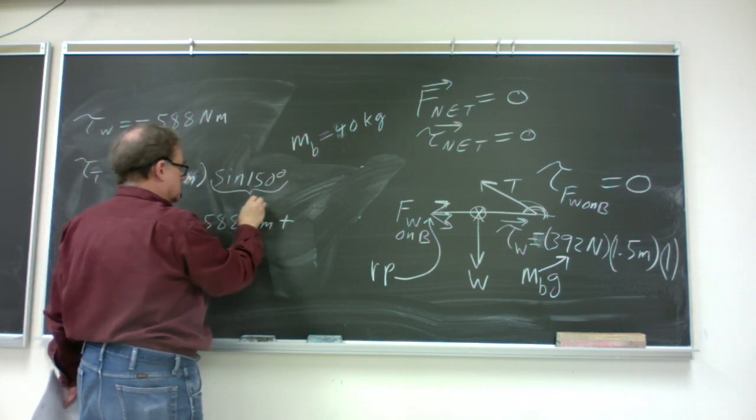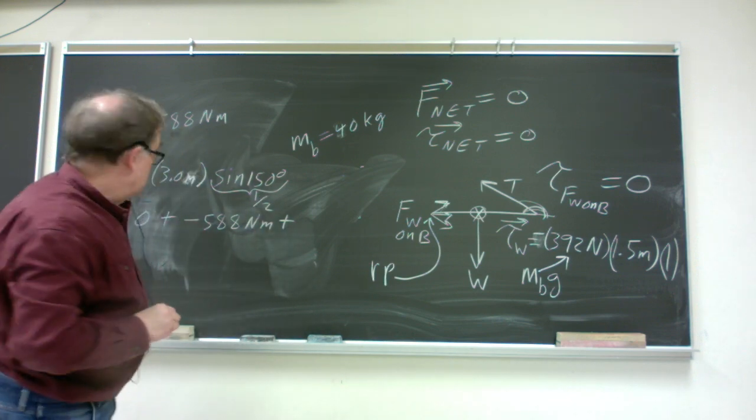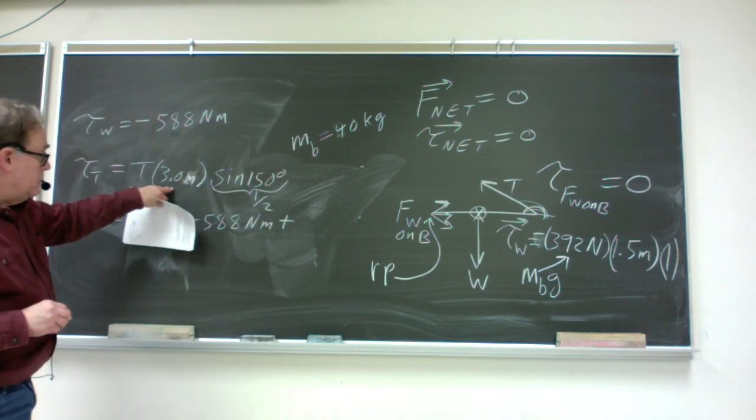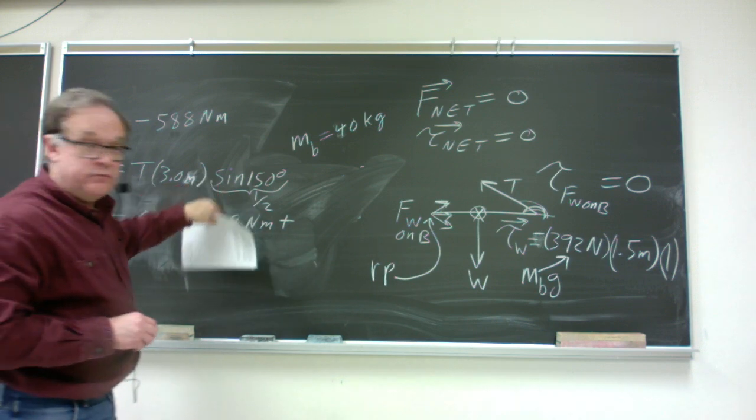Sine of 150 turns out to be half, so this is T times 3 meters times 1/2, or we can say T times 1.5 meters.